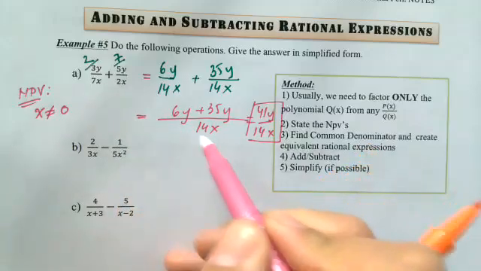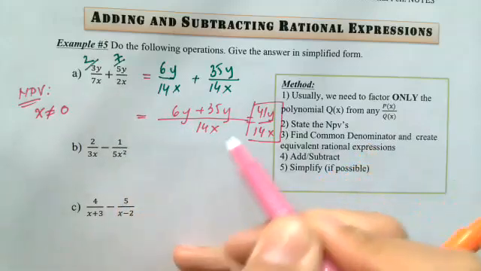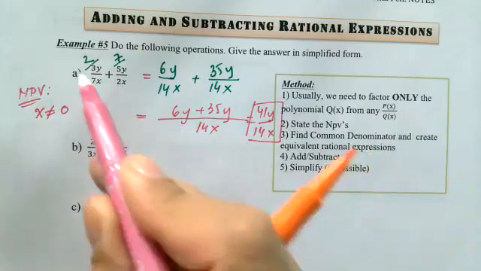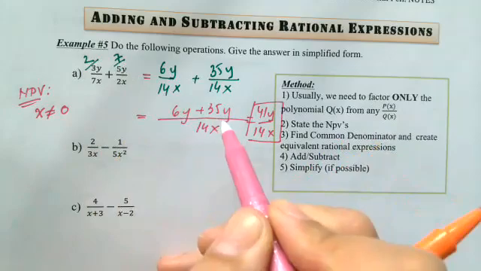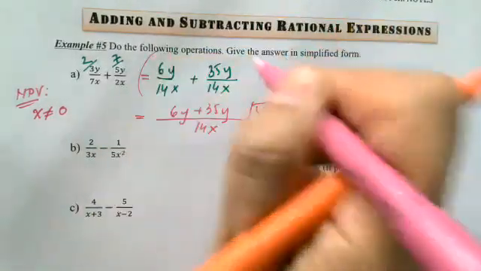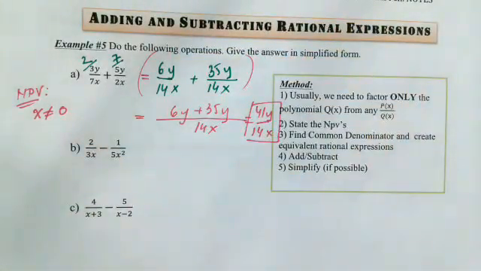From here, I skip straight there. So I find the common denominator, and then I just say times 2, and I go straight to 6y, times 7, go straight to 35y. So for me, the step is extra. So I often don't show it, okay? But if you like to show that intermediate step, go for it, okay? If it makes sense to you.